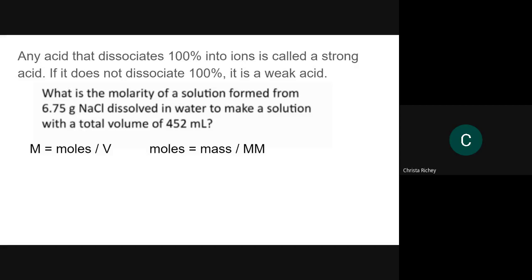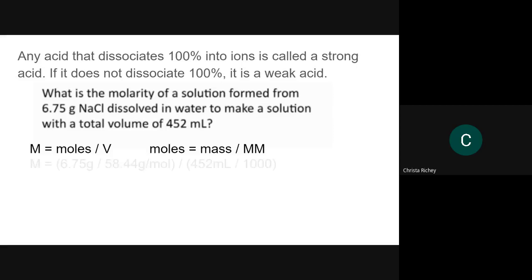Then you take your number of moles and divide it by the volume, which has to be in liters, not milliliters. So you're going to have to be able to convert, knowing that there's 1,000 milliliters in a liter. When they give you milliliters, move the decimal 3 to the left. It can't be in milliliters for this.